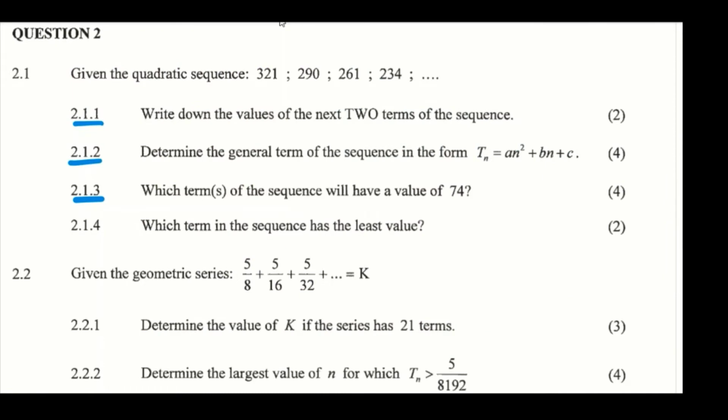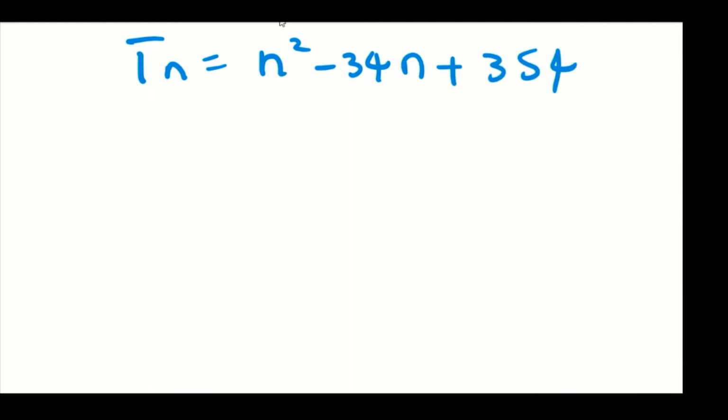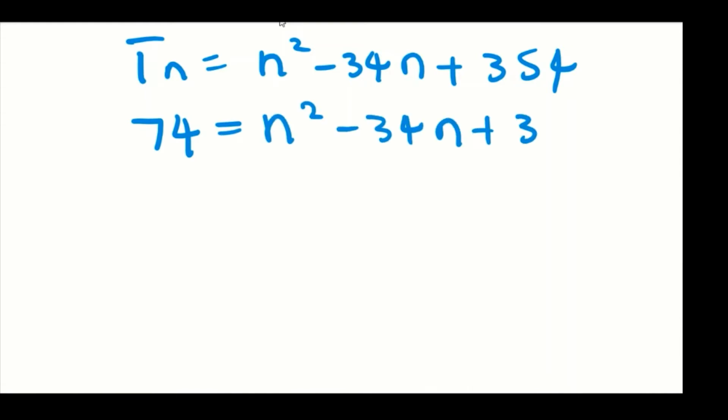2.1.3, which terms of the sequence will have a value of 74? So we're going to use our Tn, so Tn is equal to n squared minus 34n plus 354, right? So which term is equal to 74? So 74 equals n squared minus 34n plus 354.